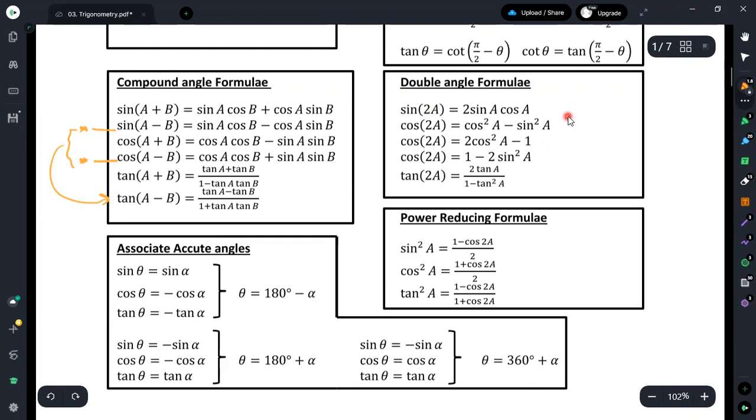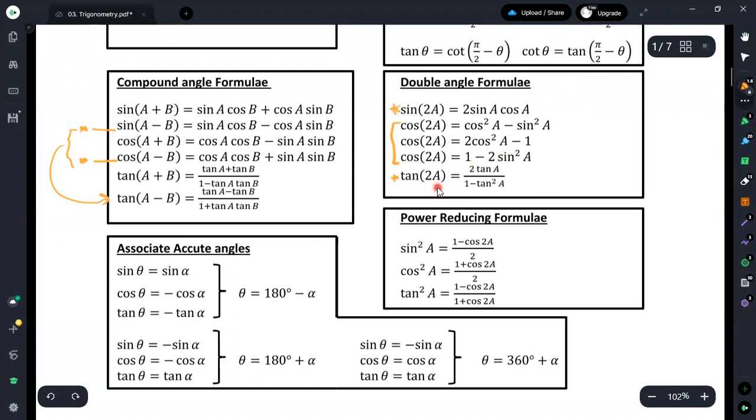If you are doing the calculation without a calculator, using frequently used angles, the double angle formula can be directly used for the calculations. We can obtain this double angle formula based on the compound angle formula. There is one formula for the sine function, 3 for the cosine function, and 1 for the tangent function.